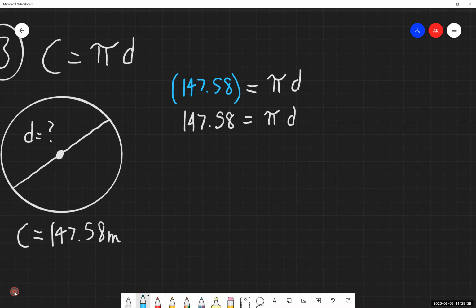And not entirely. It's just a number. So let's say that instead of that symbol for pi being there, what if it was the number 3? How would I get the diameter, that d, all by itself? Well, if that was just the number 3, I would divide both sides of the equation by 3 to get the diameter all by itself.